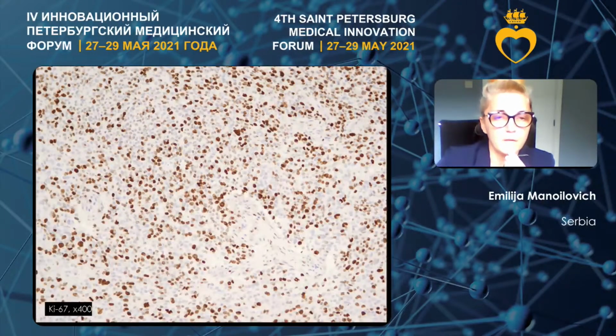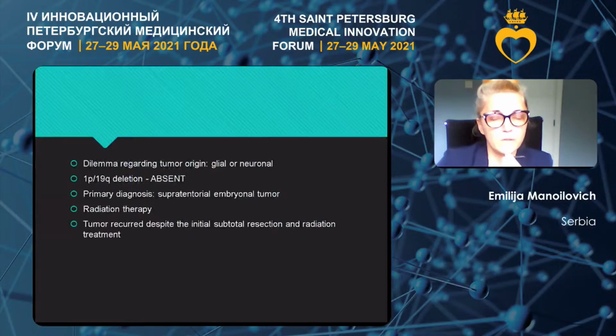And finally, we applied the proliferative marker Ki67. Unfortunately, Ki67 was extremely high, more than 50%. So we were sure that we were dealing with a high-grade, aggressive, highly proliferative tumor, but we still had a dilemma regarding tumor origin. Was it glial or neuronal?